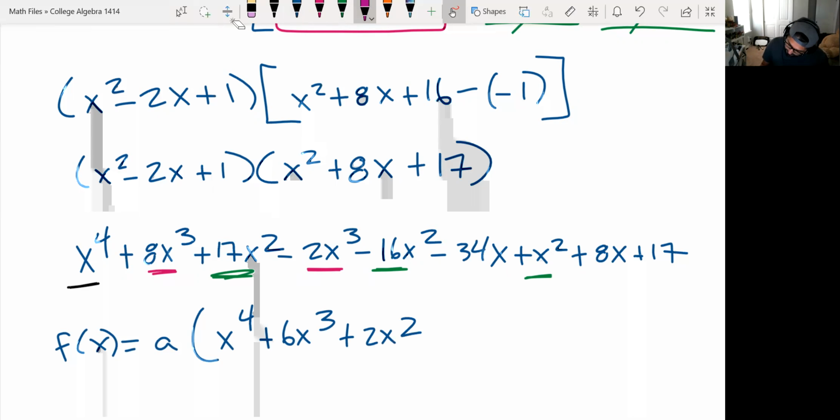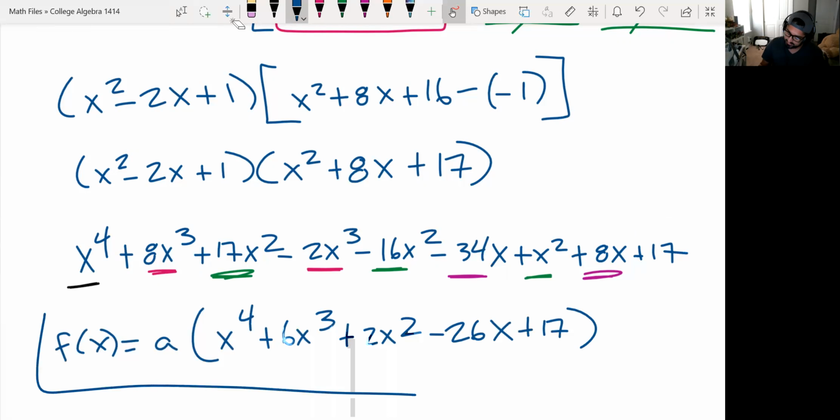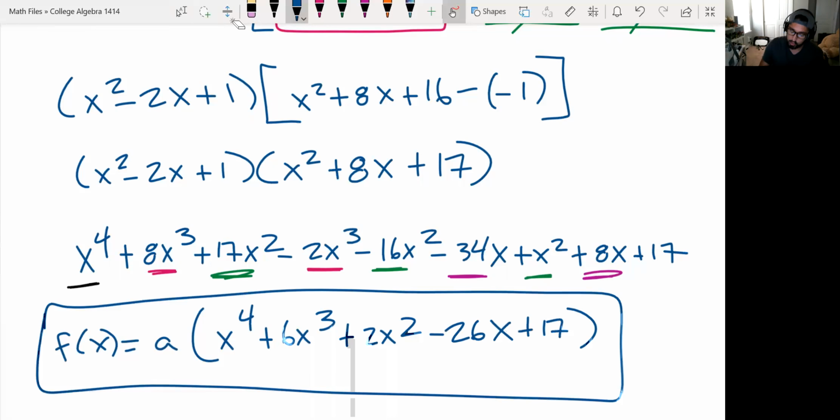And then my x's, negative 34 and 8. That's going to give me negative 26x. And then the last thing left over is my constant of 17. Close parentheses, and there is our answer.